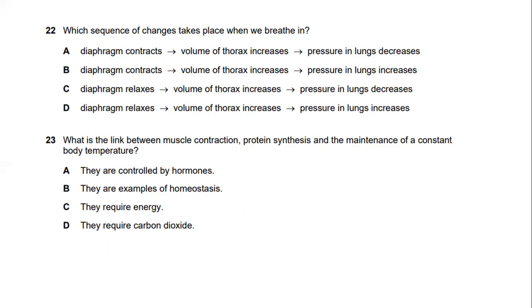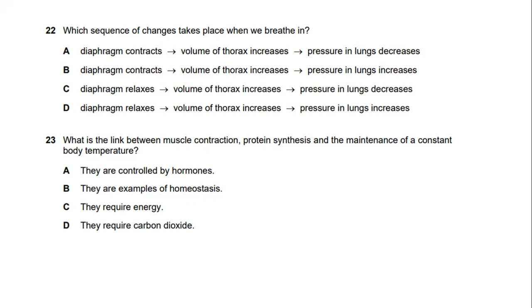Which is the link between muscle contraction, protein synthesis and the maintenance of a constant body temperature? The link between muscle contraction, protein synthesis, and the maintenance of constant body temperature is related to the required energy.